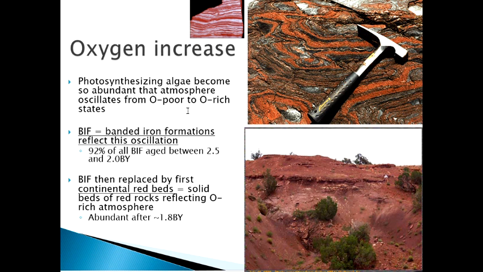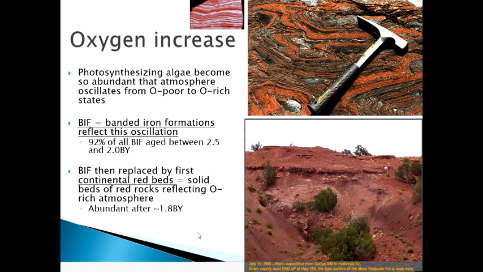At some point, though, we reach the point where we produce red beds, pure red beds, like shown in the lower photograph here. Now this, you could then interpret as oxygen rich all the time. And so after about 1.8 billion years ago, we get continental red beds.